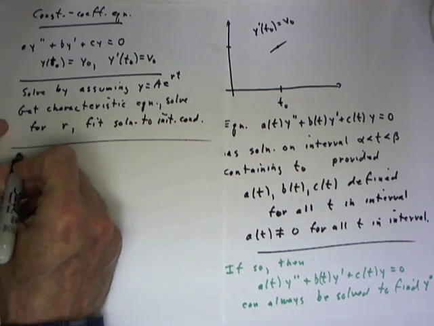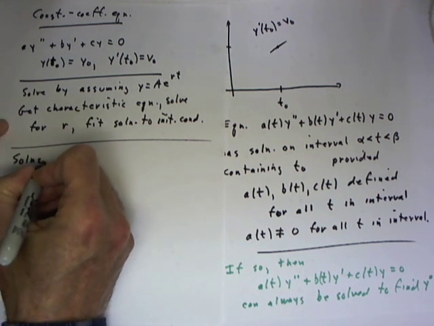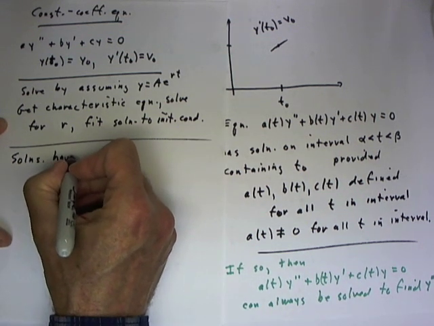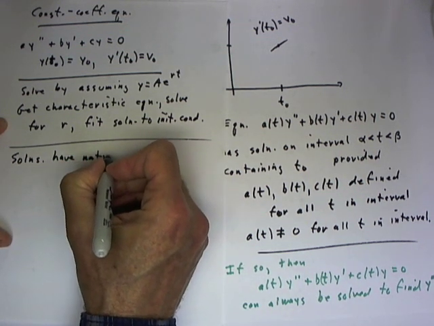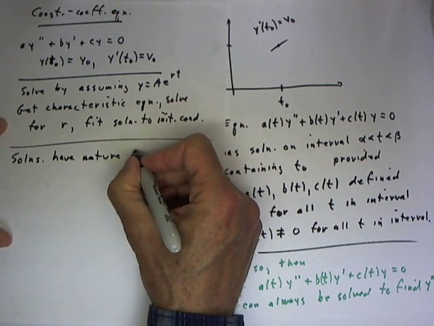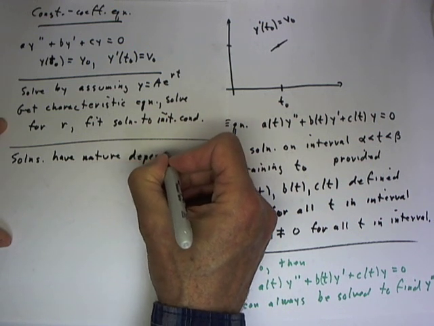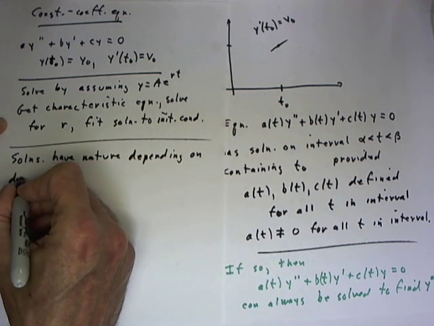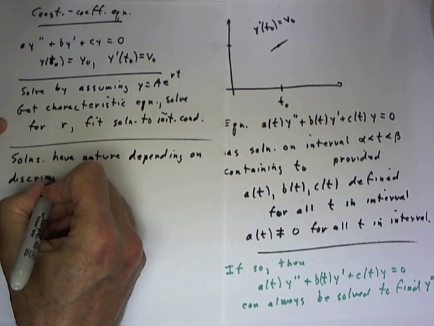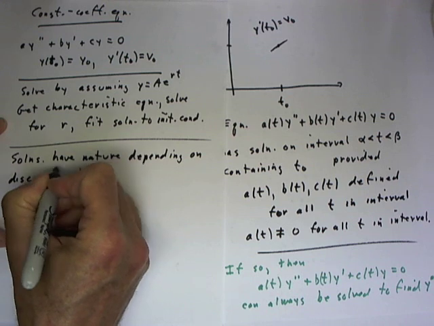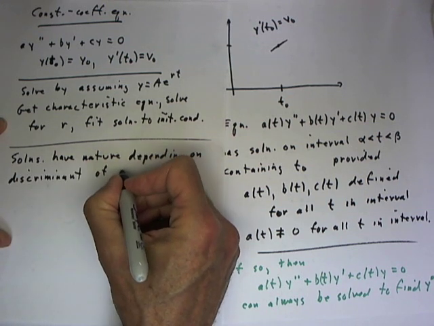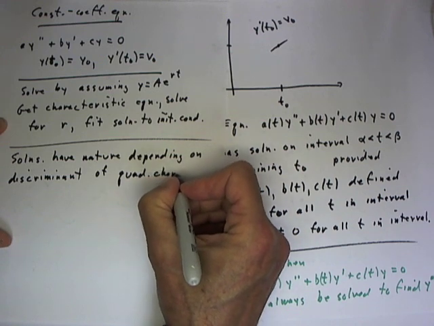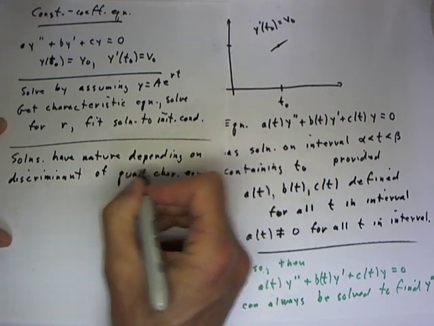And the solutions have a nature that depends on the discriminant of the quadratic characteristic equation.